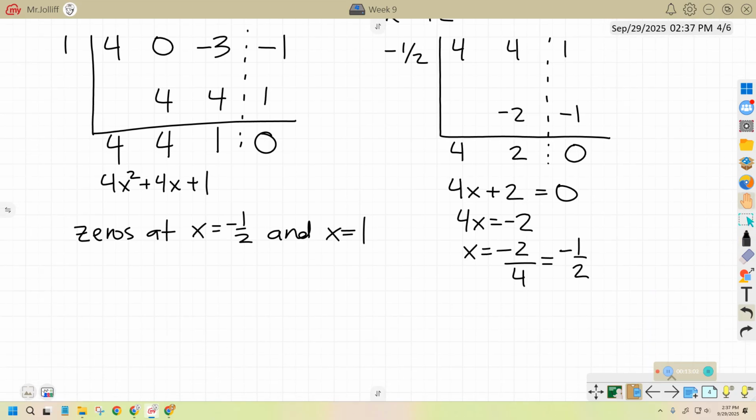And we indicate that a 0 repeats through its multiplicity. New vocab word. This guy repeats twice. So the root at x equals negative 1/2 has a multiplicity equal to 2.